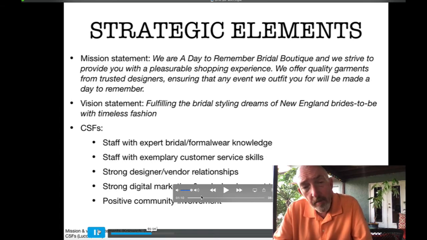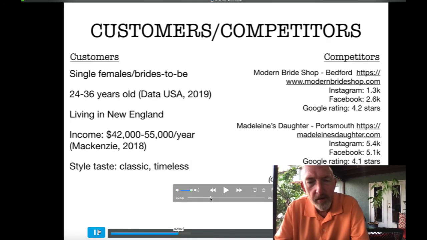Now, I might come back if this were my deck and say, well, what they're doing is training the staff, and that's a critical success factor. So there might be a way to make these work as far as critical success factors go.